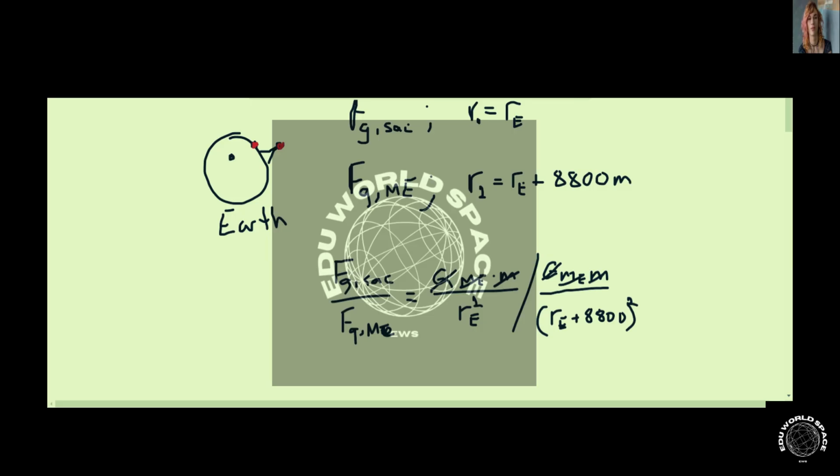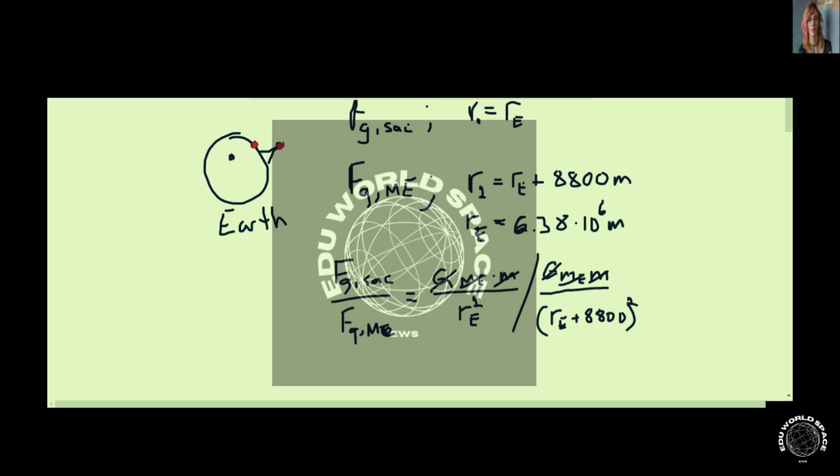And to calculate this, we need to know the radius of the Earth, and we actually take the radius of the Earth to be 6.38 million meters, or 10 to the power of 6 meters.